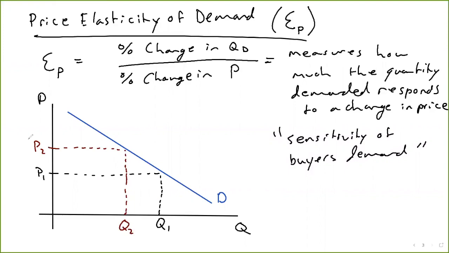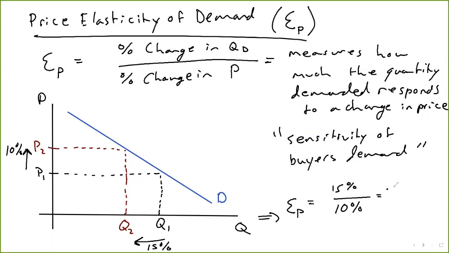And let's say this increase represents a 10% increase, and this change in quantity demanded is a 15% decrease. In that case, our elasticity of demand is going to be the percent change in quantity demanded, which is 15%, over the change in price, which is 10%.